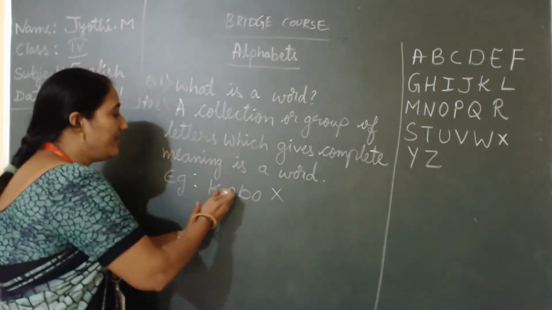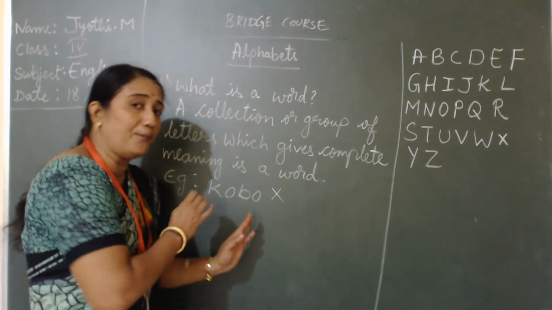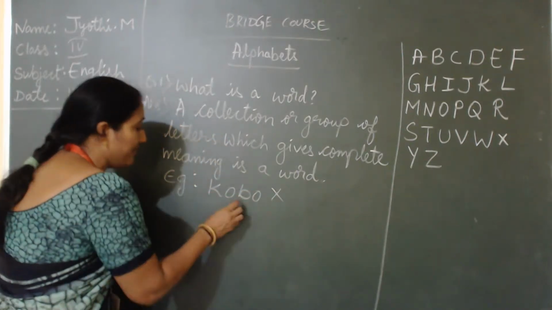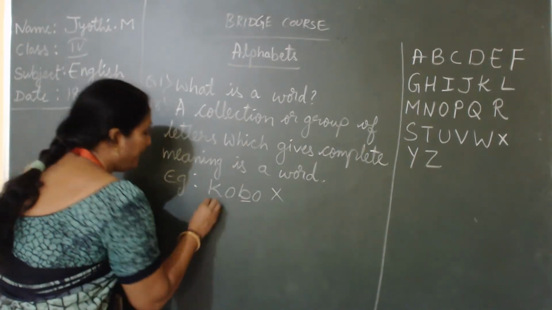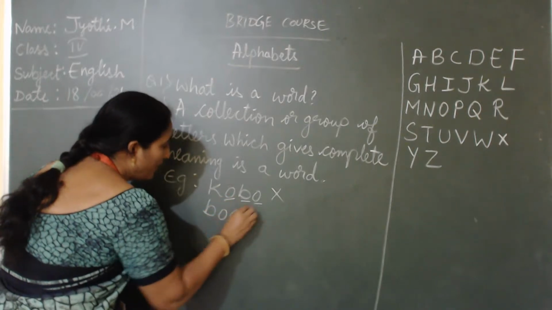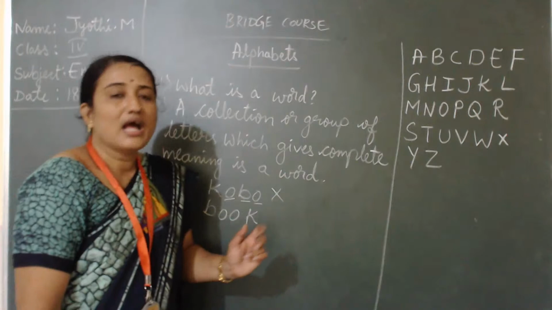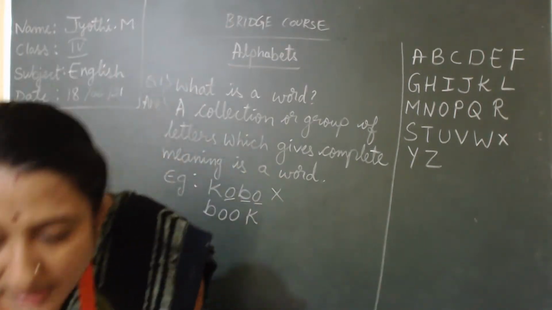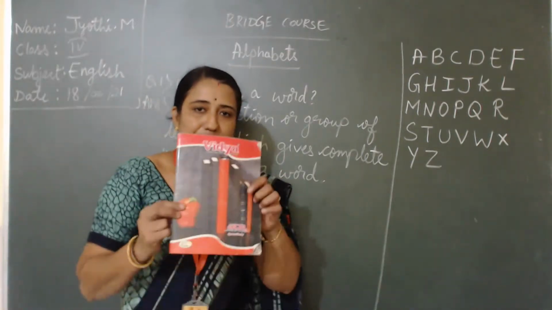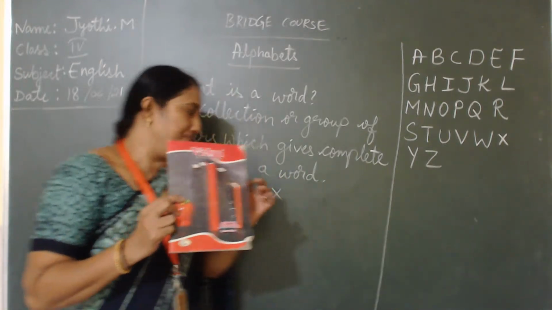See, if I unscramble these letters and write a word, we will come to know what this is. First I write B, O, O, K. What is this? It is a book. Book is a word here.